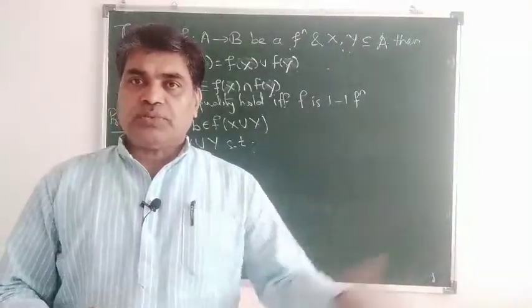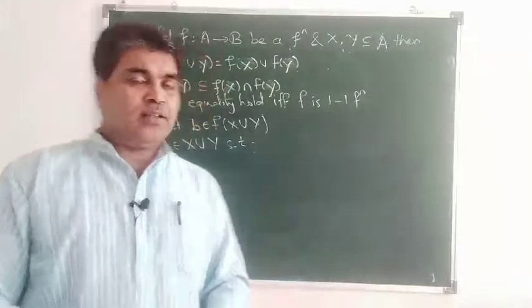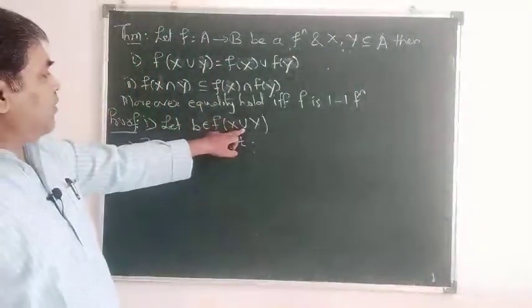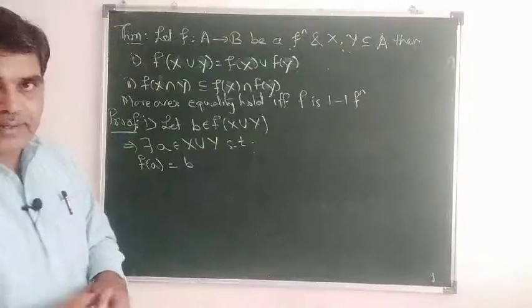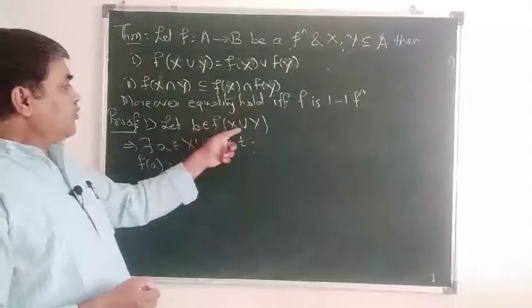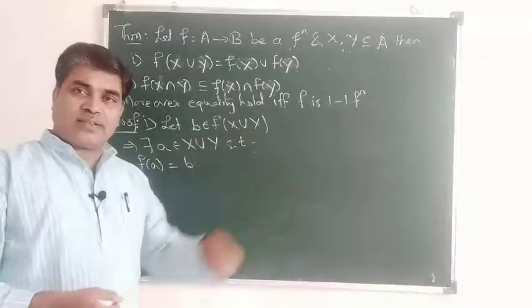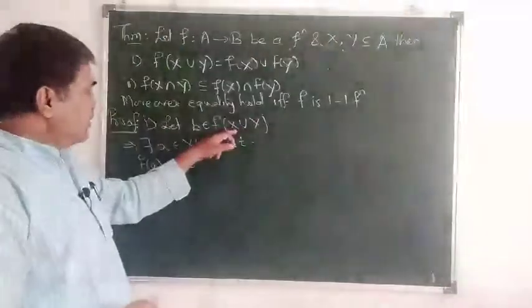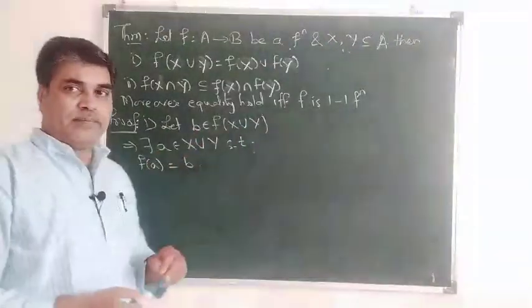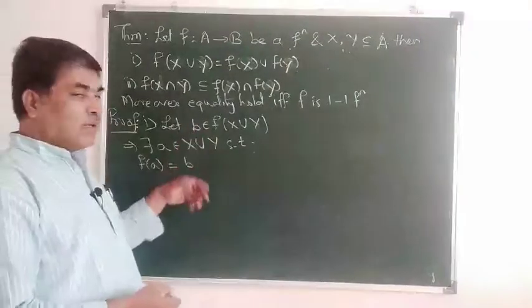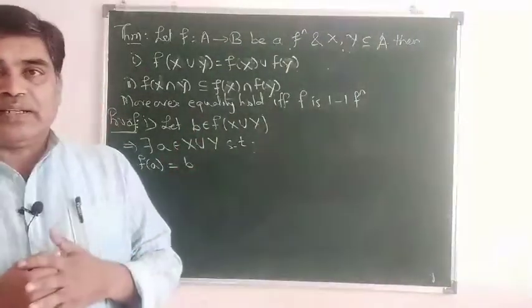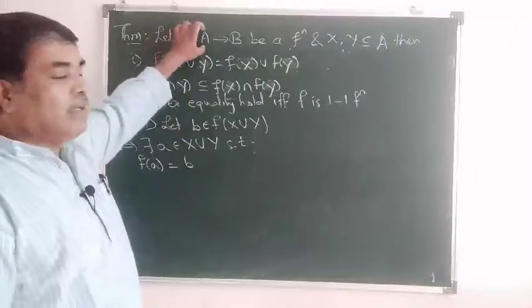Also, if I take the constant function C, and F of X union Y contains that constant, then the inverse image of B contains all elements of the domain set, and then it becomes the whole set A.